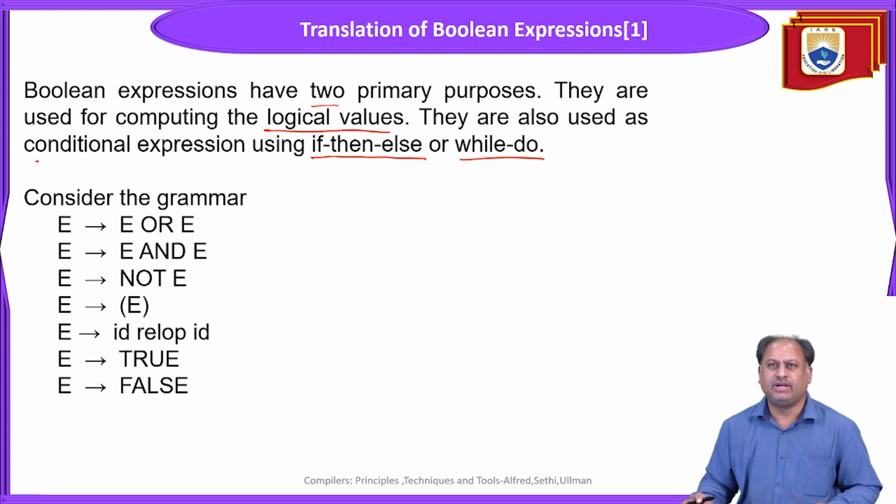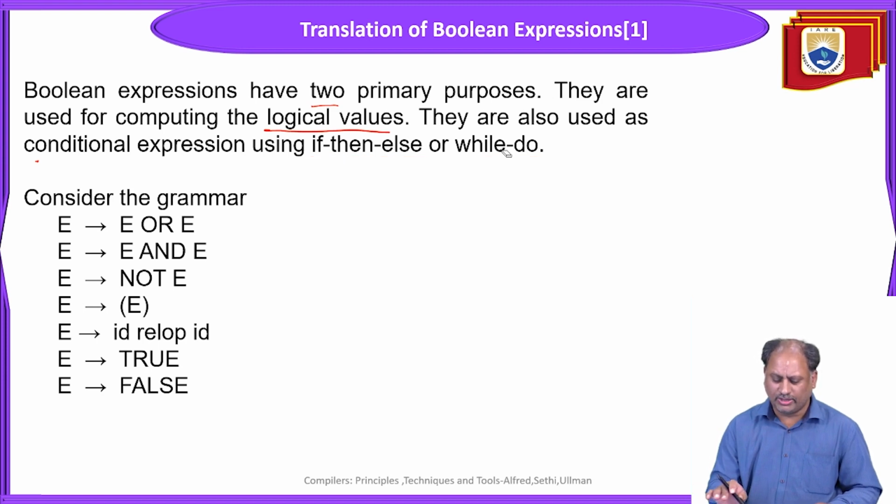We know the if statement, the while structure, and also the computation of logical values like true, false. So in those structures, these Boolean expressions are mainly useful for the purpose of translation.